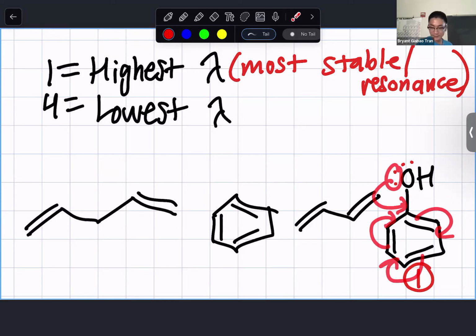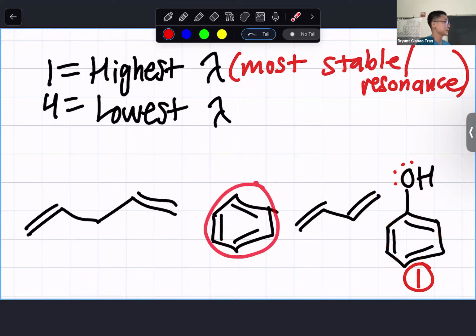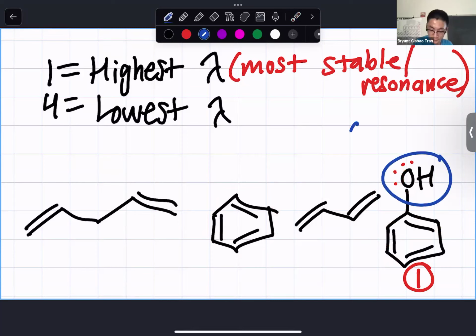There's more resonance in this fourth molecule than this regular benzene with no groups, because the lone pair of electrons here gives it more resonance. And this structure here with that extra group is called an auxochrome. That might show up on the vocab, right? Which basically means you have a group on the benzene ring that can donate electrons, auxochrome.